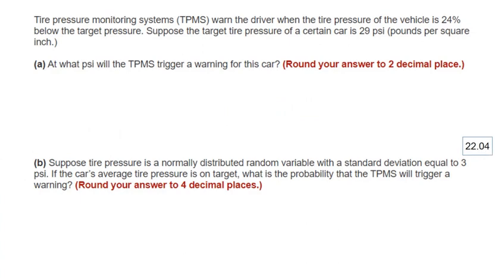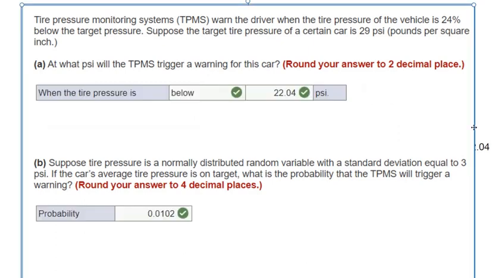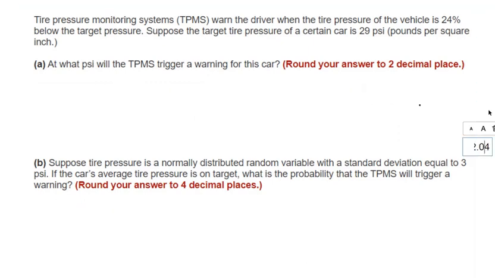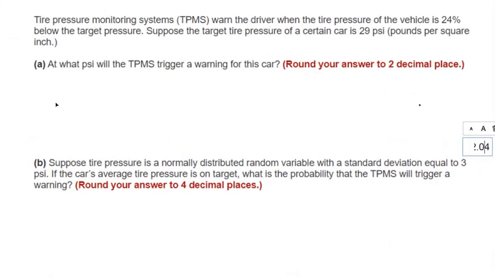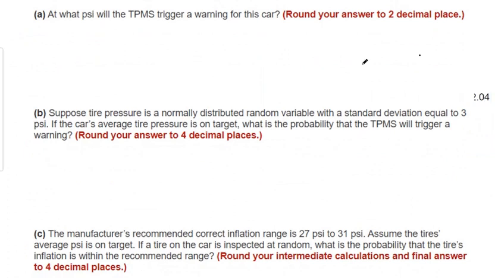I don't know why it disappears only in certain parts. Oops, okay, it's because I was hiding the correct answers. All right, so I guess I can't do that. I'll have to draw. So 22.04.